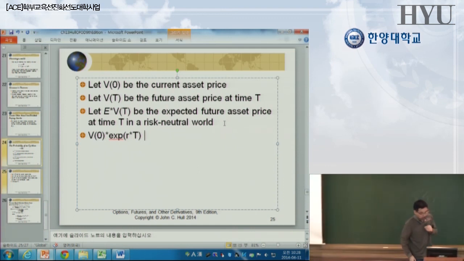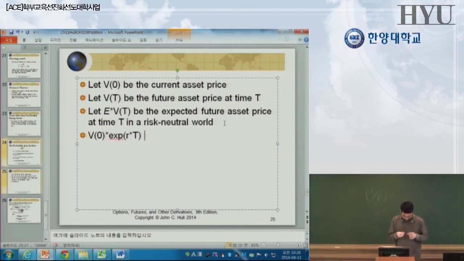Therefore, because we are in the risk neutral world, this one should be the same as this one.